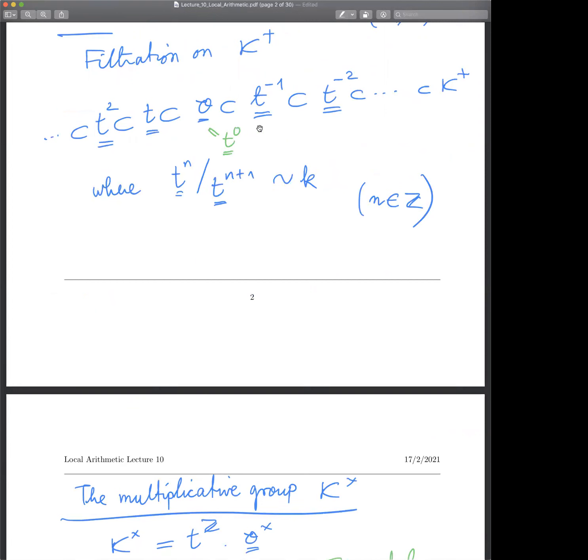What is it? So K plus is here all the way on the right. It has this subring O, which is somewhere here in the middle. Of course, this O is this ideal T raised to the 0th power. Then you have the ideal T itself, then the square of this ideal, which contains the cube of the ideal, and so on.